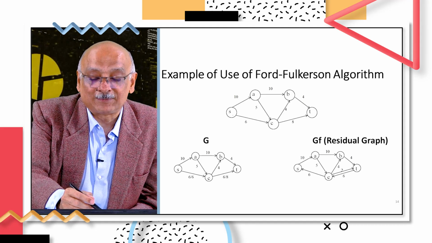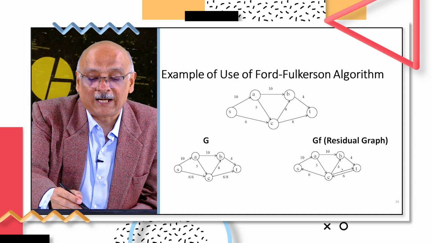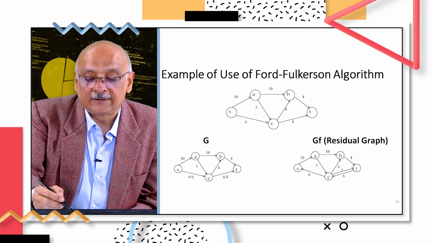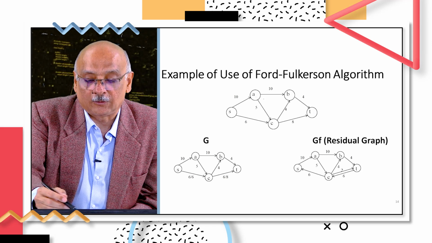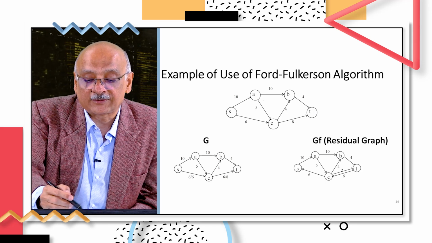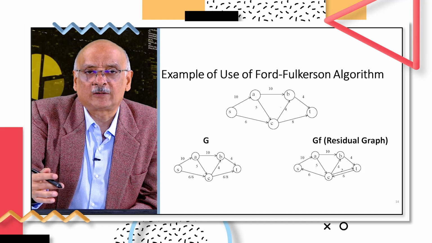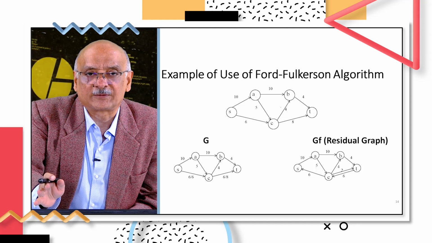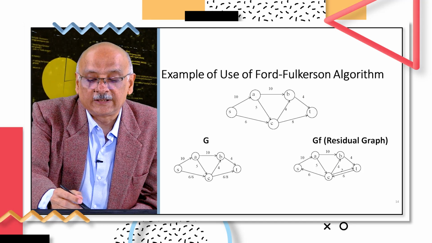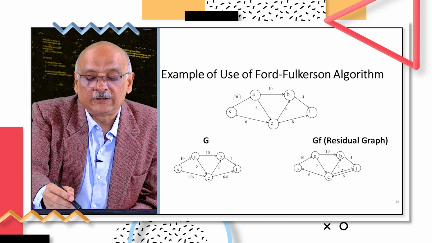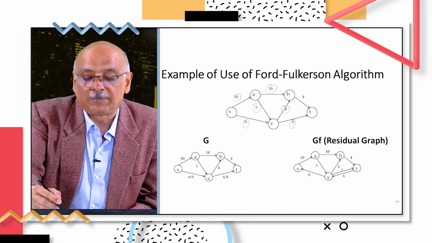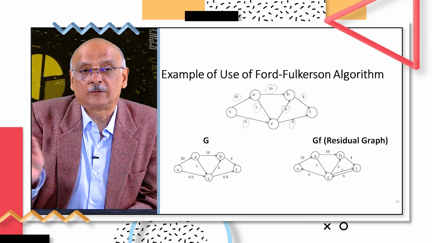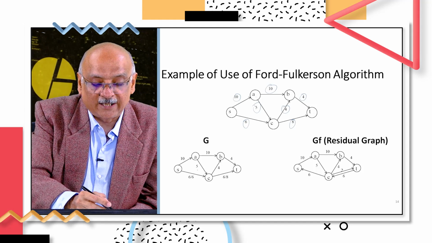This is my start node S, this is my node A, B, then C, and this is my T node. We have not considered L or R sets in this particular case. These are the maximum flows allowed through these particular paths. So, this is my graph.